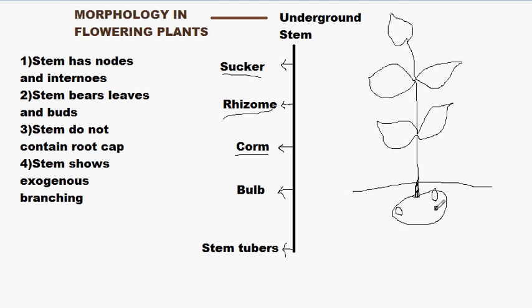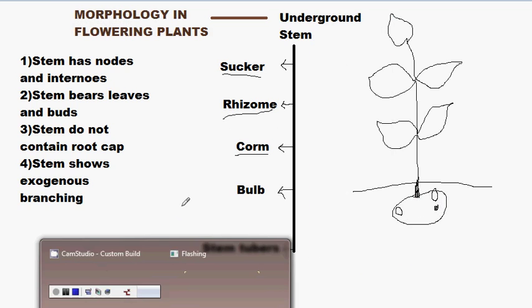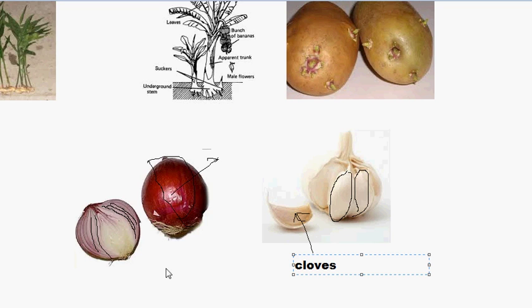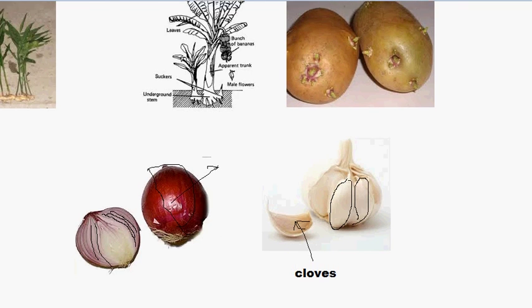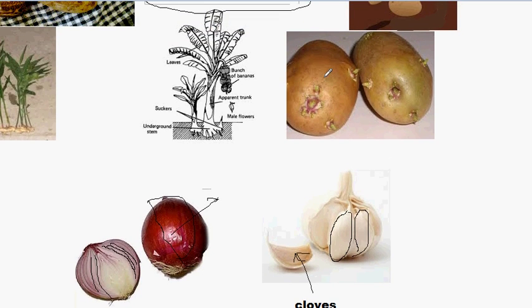and these structures are called the eyes of the potato. Let me give a picture which will show these eyes of the potato very clearly. In this picture you can see that there is a scar over here.